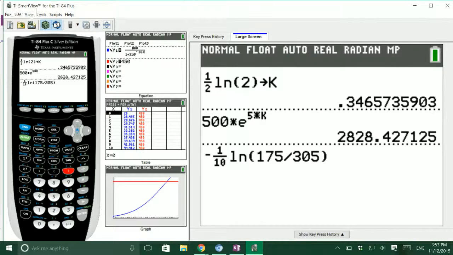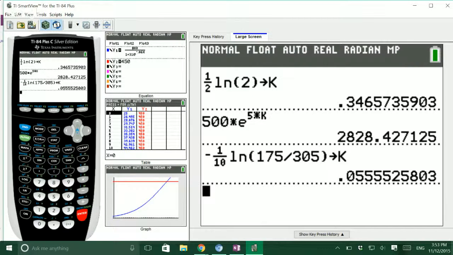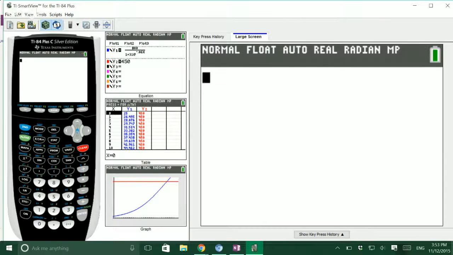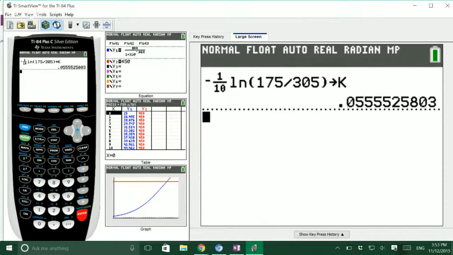And then I want to store that value as k. Now I can use k. Actually, you know what? There we go. Let's screenshot that, okay?